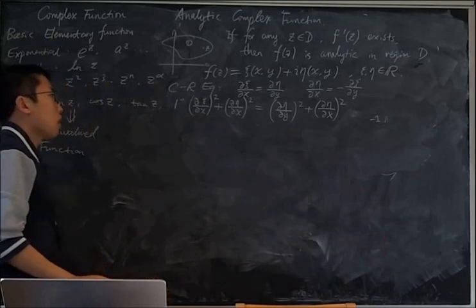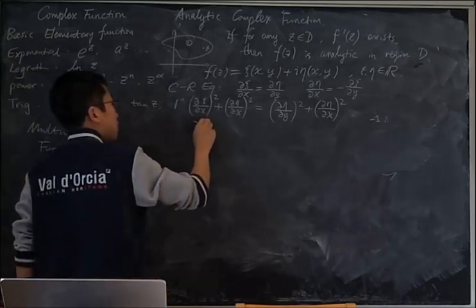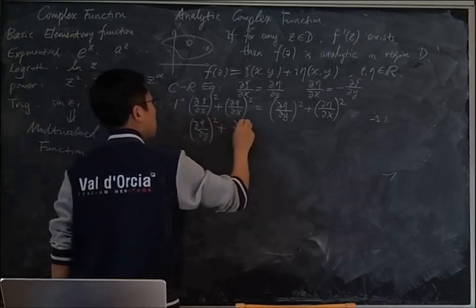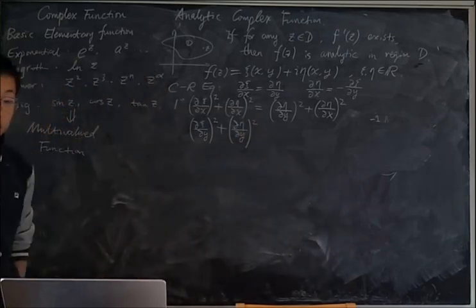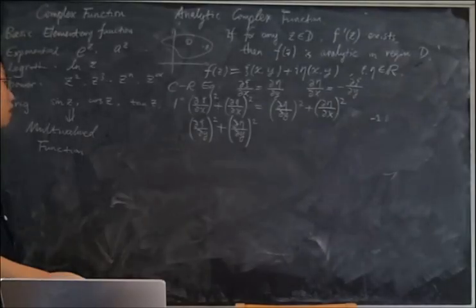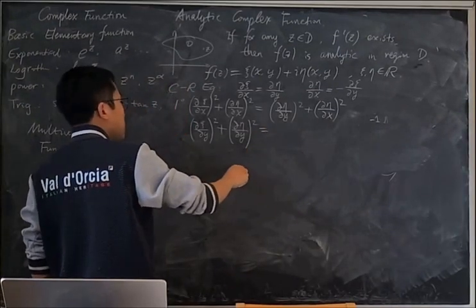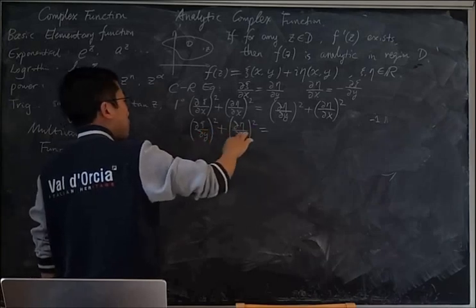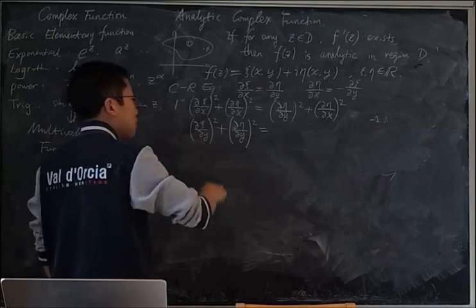Right? On the other hand, we could also say, if I evaluate this, then I can replace this partial cosine over partial y.